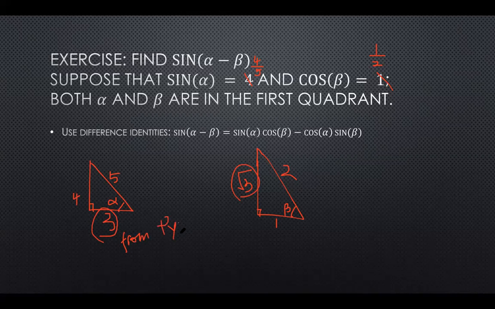Okay. And now we have 3 sides of the triangle. Then we can find what the sine of alpha and the cosine of alpha are. So sine of alpha is 4 over 5, and cosine of alpha is 3 over 5.